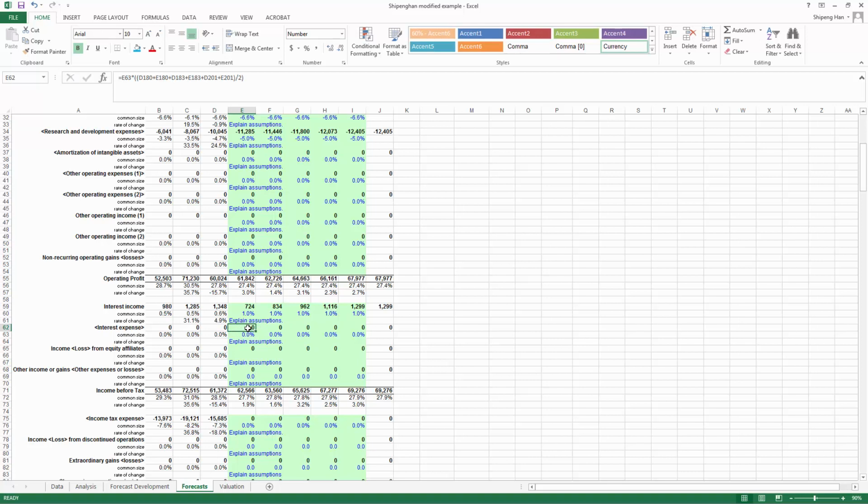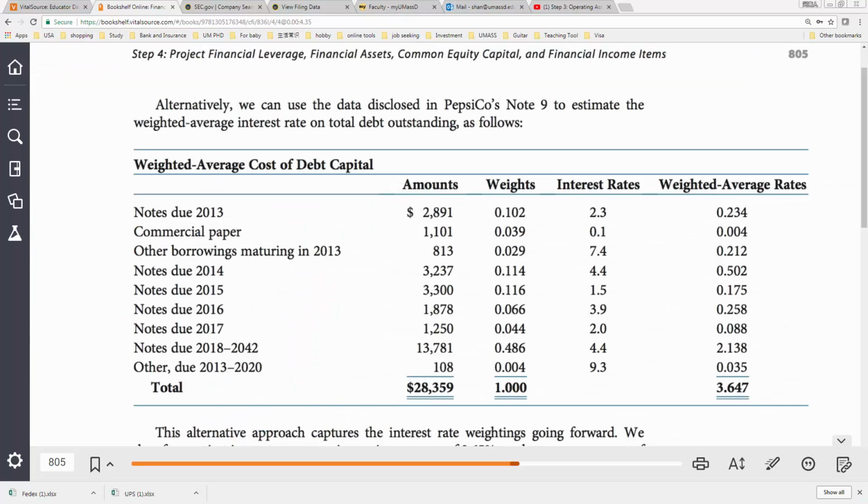The question is how we get the average interest rate for these financial liabilities. Okay, so this is an example from our textbook for Pepsi. We can calculate the weighted average cost of debt.